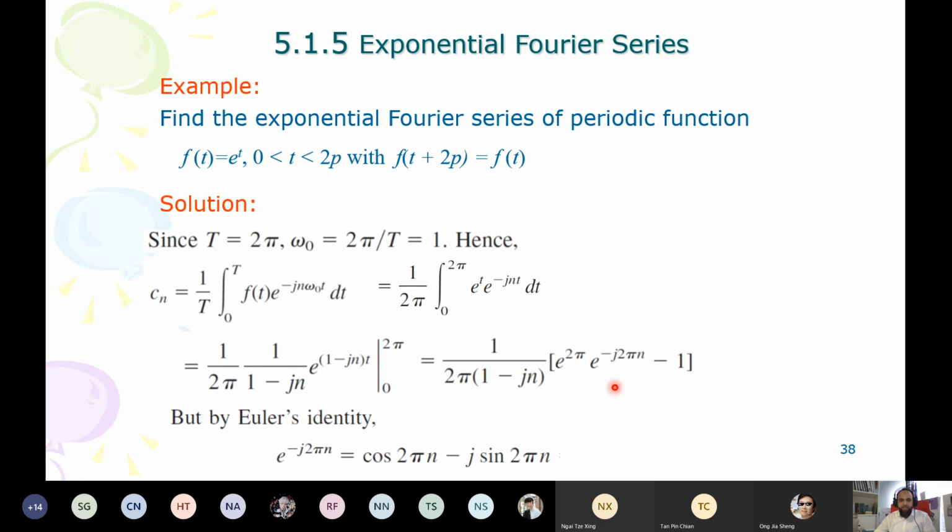So we get, using Euler's identity, e to the minus j 2 pi n is cos 2 pi n minus j sine 2 pi n. We can expand it and we can get the value 1. So e to the minus j 2 pi n is also equal to 1. So we just have e to the 2 pi minus 1.